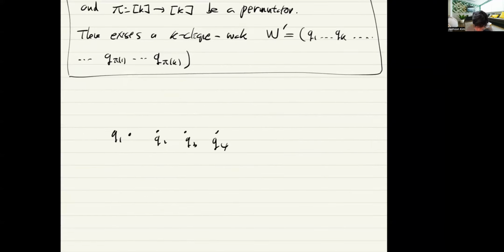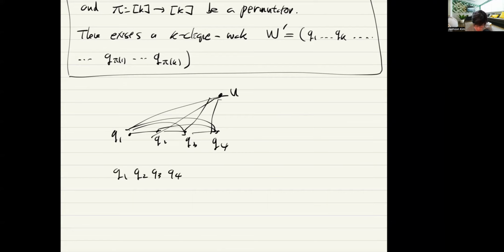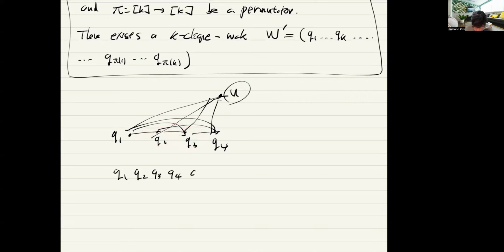So what you know is that this forms a clique, and then you choose a vertex U, which is a common neighbor of everything. Then, instead of Q1, Q2, Q3, Q4, you can insert this U. Say you want to swap the places of Q2 and Q3, then Q1, U, Q2, Q4.